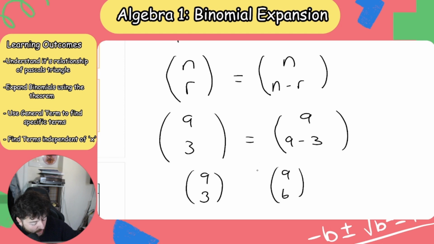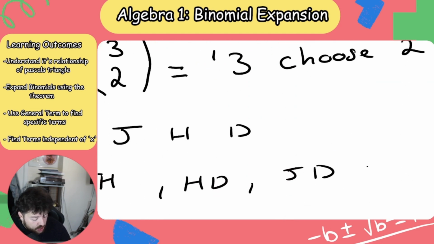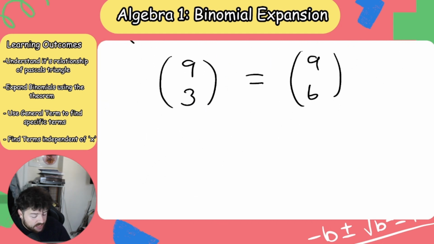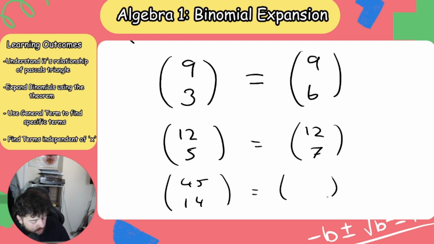So they follow a kind of symmetrical property, and that symmetrical property derives from Pascal's triangle. So 9 choose 3 equals 9 choose 6, 12 choose 5 equals 12 choose 7, and 45 choose 14 equals 45 choose 31.